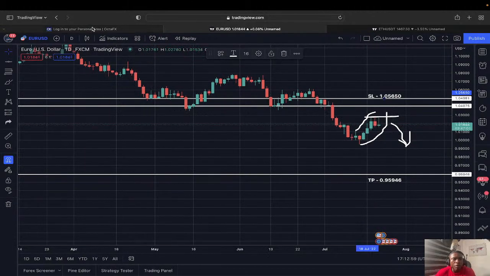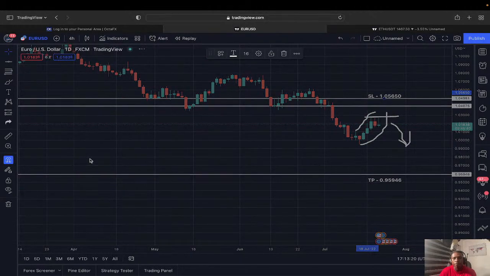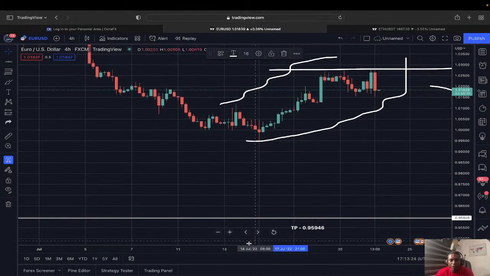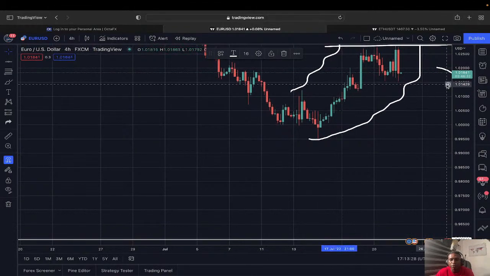Now, for those who are intraday traders, let's see if we have short-term opportunities. Because if you are going to swing from here to here, it will take days, which means you have to wait for days and weeks. But for intraday traders who love to catch short-term opportunities, you can always come to the lower time frame.